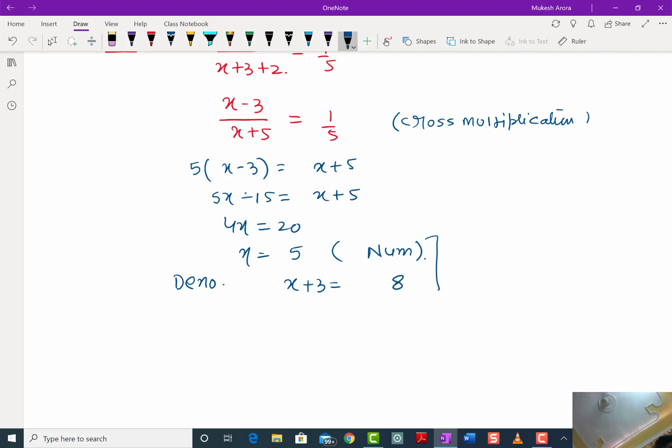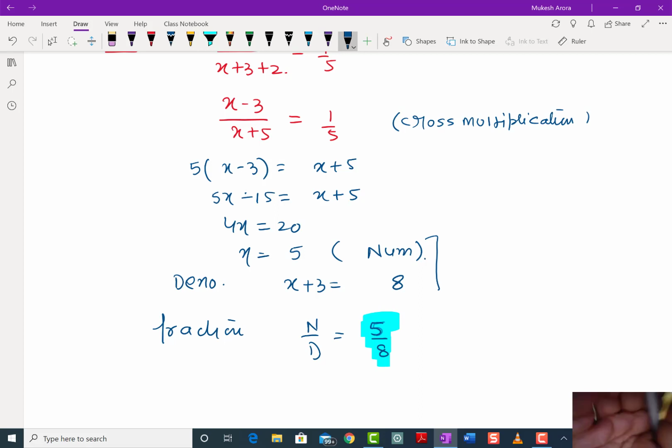This is not our answer. The question was, what was the fraction? Numerator by denominator, 5 by 8. If we want to check, we can check by putting the value in the equation.